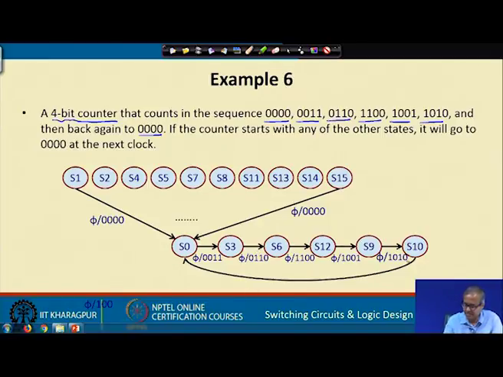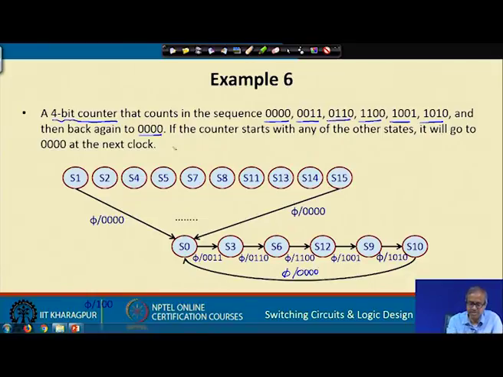This is my regular sequence of counting, and the state transition is labeled in the same way as in the previous example. So, S0 to S3 is labeled by 0 0 1 1, there are no inputs, S3 to S6 is labeled by 0 1 1 0 and so on, and S10 back to S0, this label is missing, it should be phi and 0 0 0 0.